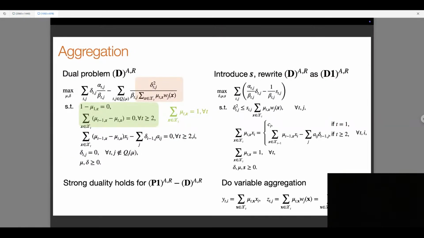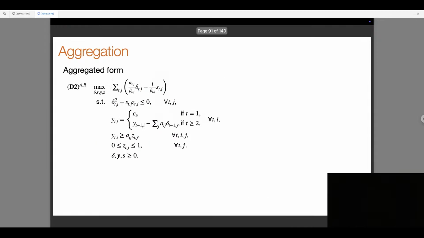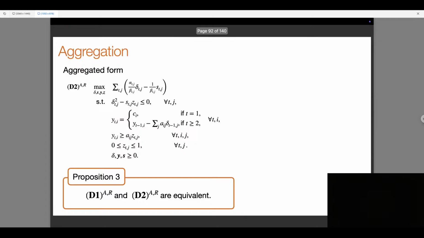And we do these two variable aggregations, where the aggregation will form the D2AR form, and we have Proposition 2 to denote that the D1AR and the D2AR are equivalent.